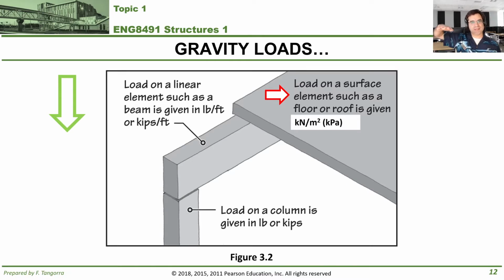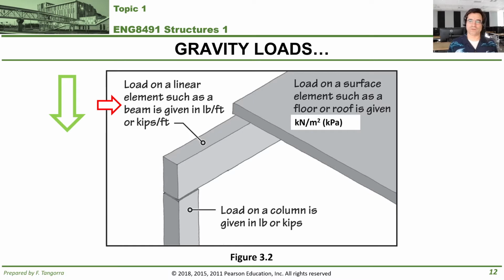Okay? Then those forces, those loads on a surface, have to be transferred to the linear elements supporting them. So that's typically beam type structures. And those are, as shown here, then receiving those forces, because they're along the length of the beam, the forces on those beams end up being in pounds per foot, right?